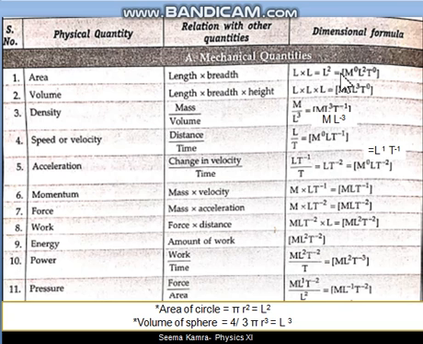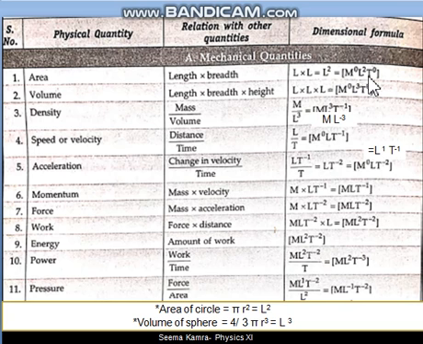And finally we can write the dimensional formula in terms of MLT. If M and T are not appearing, we can write their power as 0. So M power 0, T power 0 and L power 2.